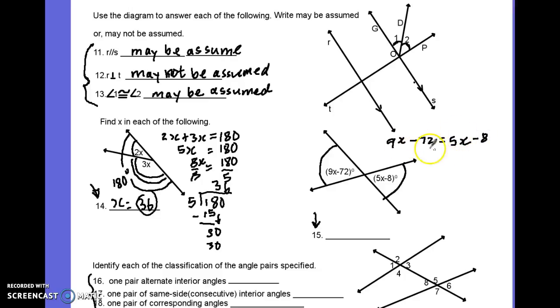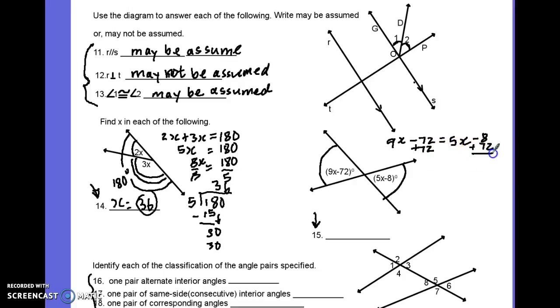And this is the algebra. Whenever you have the algebra like this, x on the left, x on the right, the main thing you want to do is to put the variables on one side, especially on the left, and the numbers on the right. So to get the numbers away from the left side, we add 72 because this is a subtract here. So we do the opposite.